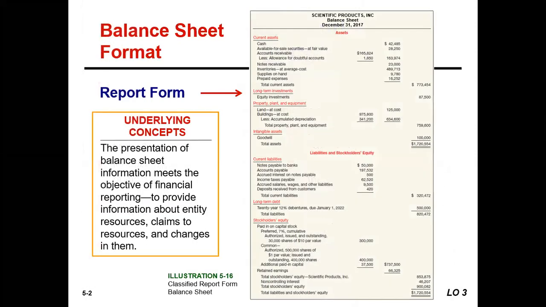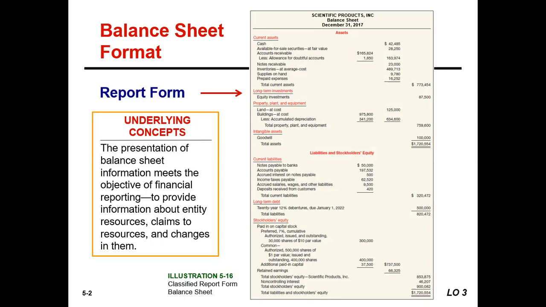All right, so this is showing us an example of the classified balance sheet. Again, with the classified balance sheet, we're further segregating these different types of assets, liabilities, and equity, right? So the asset section, we break down into current assets, and then long-term investments, property, plant, and equipment, and intangible assets.